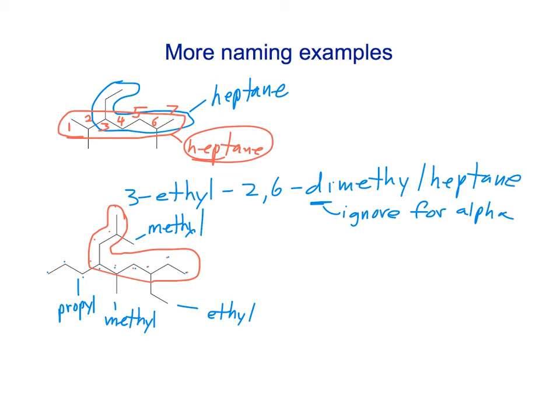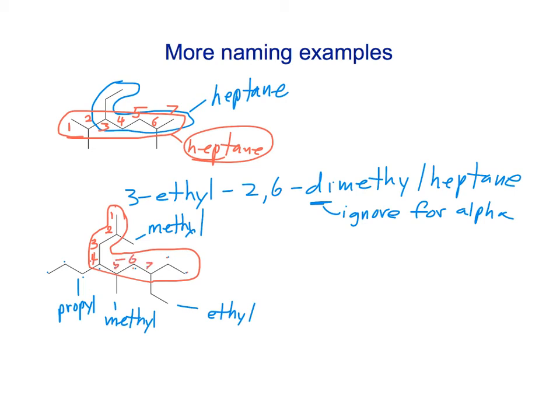All right, so we have 2 methyls. We have the ethyl. Let's number this. If we number it from the top, we have a methyl at position 2. If we numbered it from the right, we have an ethyl at position 3. So we number it from up there on top. 1 puts the first group at position 2, the lowest possible number for the first group.